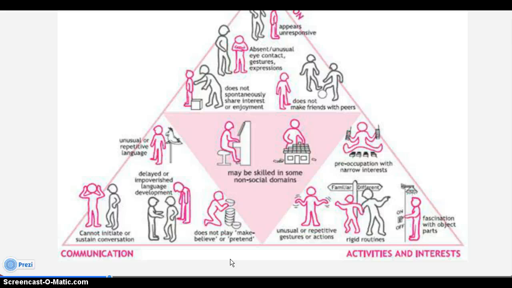At the time, his mom and dad just said, well, his sister was late walking and talking. Well, by the time he was about 5 years old, they had gotten a PDD diagnosis, pervasive developmental disorder. And by the time he was in third grade, they were using the word autism.